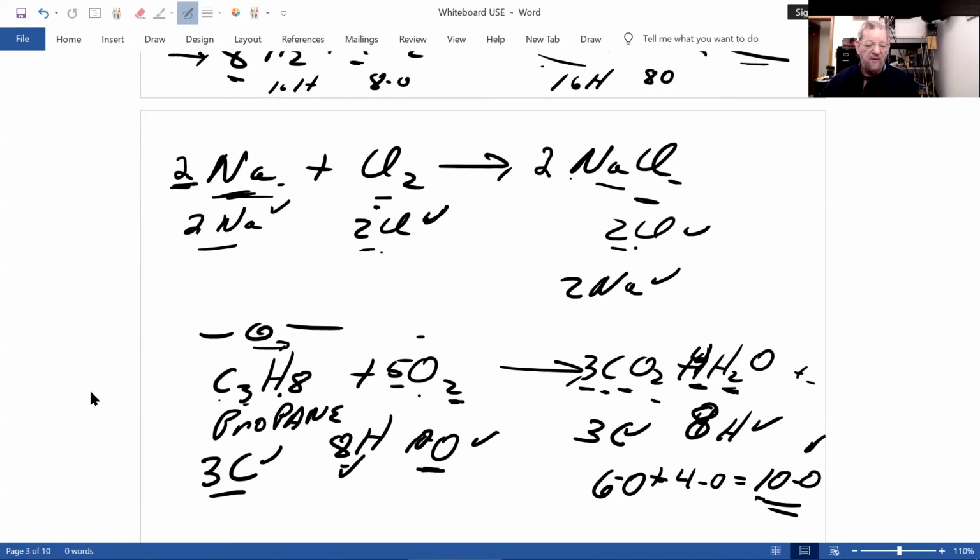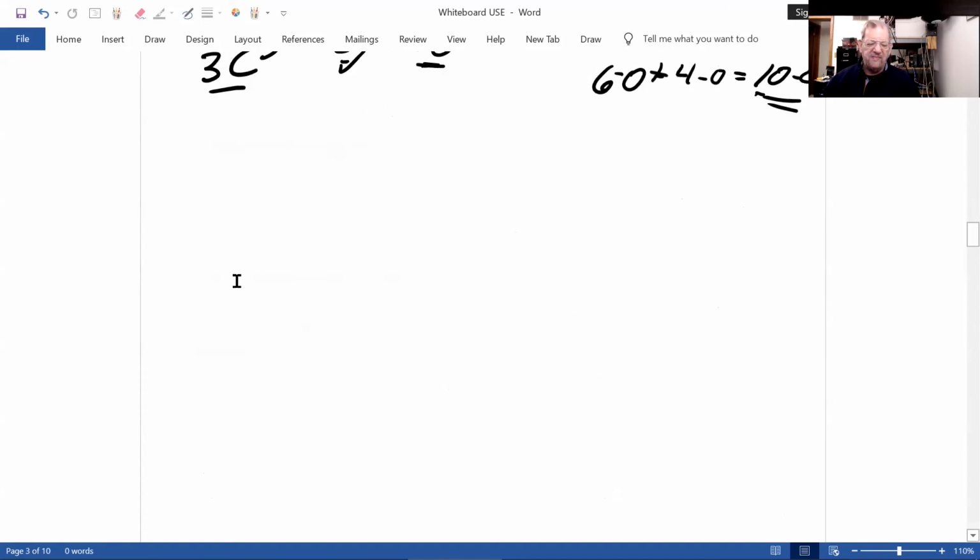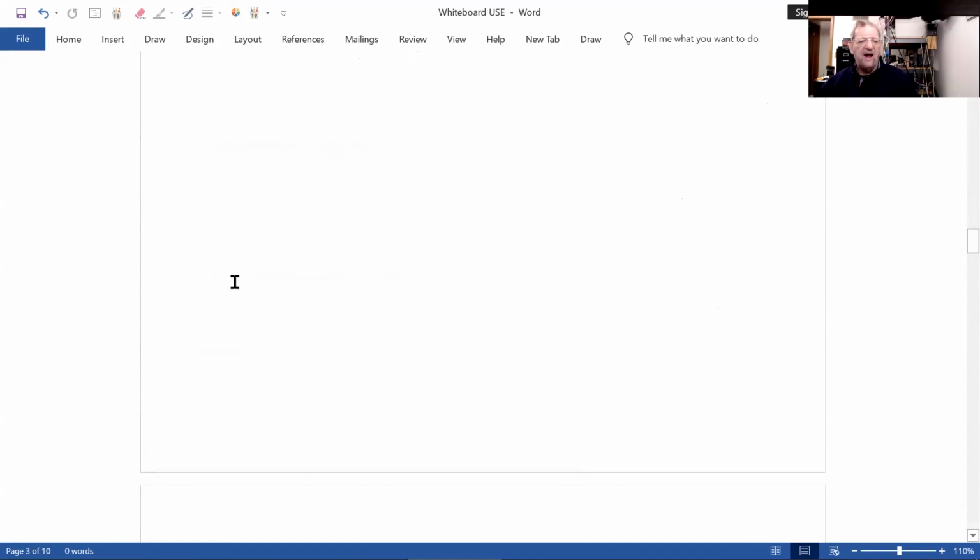So 1 propane reacts with 5 oxygen to make 3 carbon dioxide and 4 water molecules. And we now have a balanced chemical equation. Remember, always do hydrogen, oxygen last. Your turn.